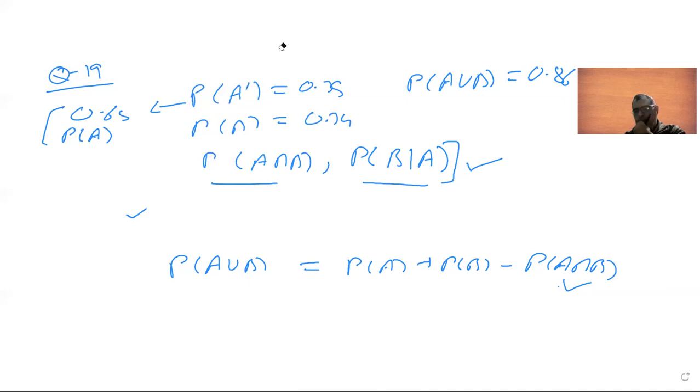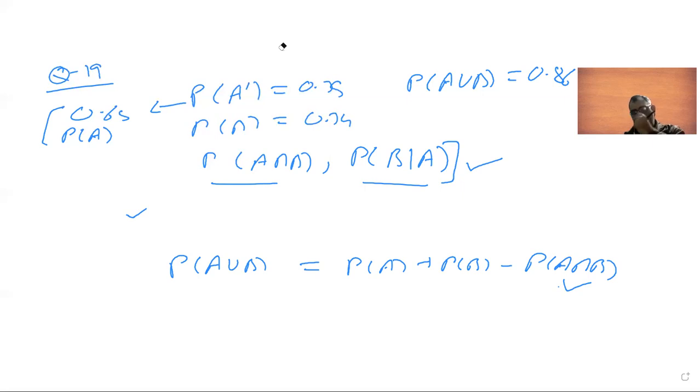And also solve P(B given A). I got 0.13.